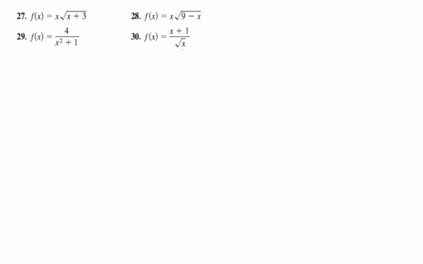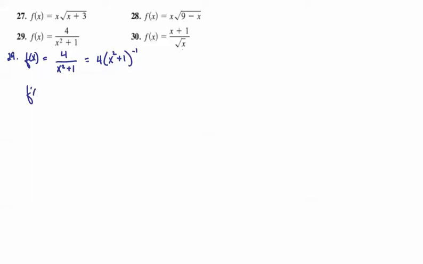In this video we'll go on to number 29 since we didn't have an opportunity to finish it in the last video. 29, we have f of x equals 4 over x squared plus 1, and I would definitely rewrite that as 4 times (x squared plus 1) to the negative first power.